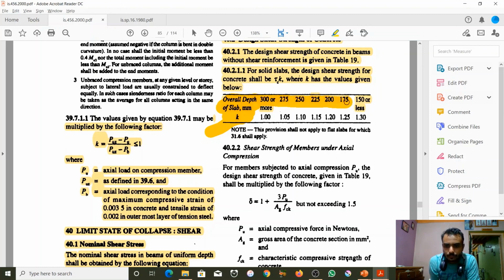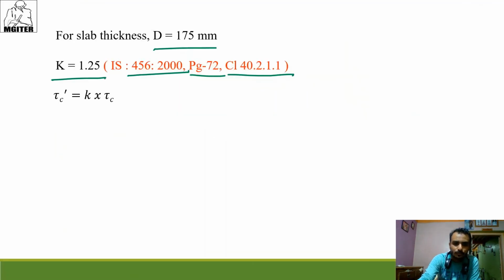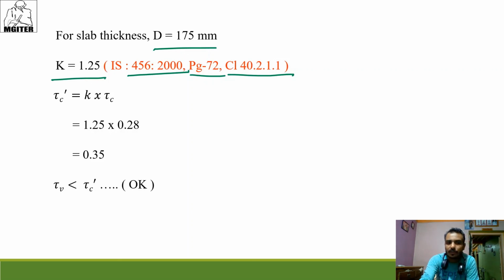We have overall slab depth 175, so K is 1.25. So tau c dash is equal to K into tau c. So tau c dash is 0.35. Tau v is less than tau c dash, so our slab is okay for shear.